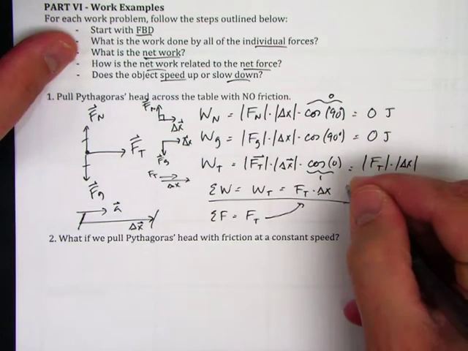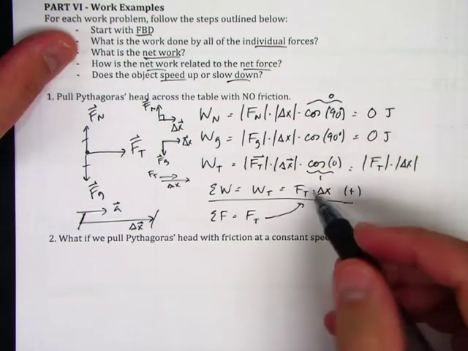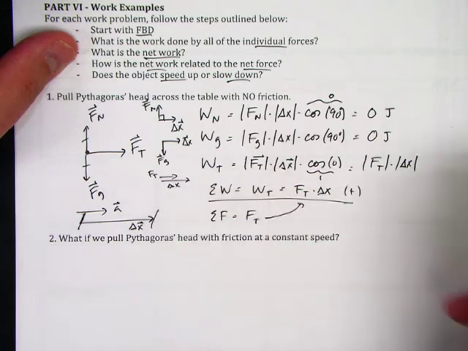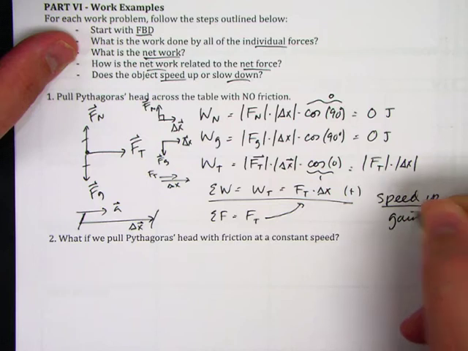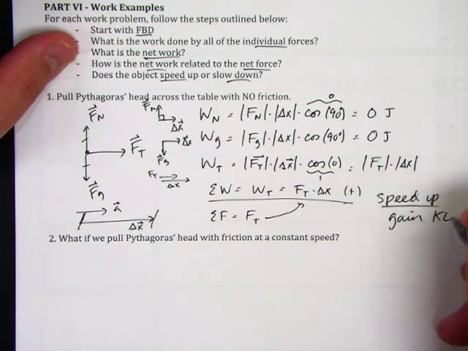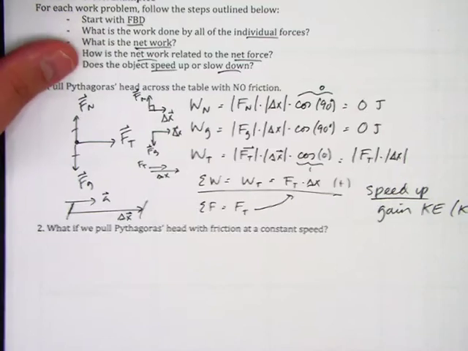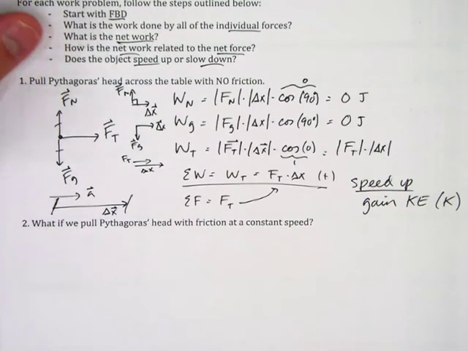Well, this is positive work since the force and displacement are in the same direction, so that will cause the object to speed up. Thus, it gains energy of motion, which is our kinetic energy, or sometimes we just label it as K. So there is Pythagoras' head dragged across a table with no friction.